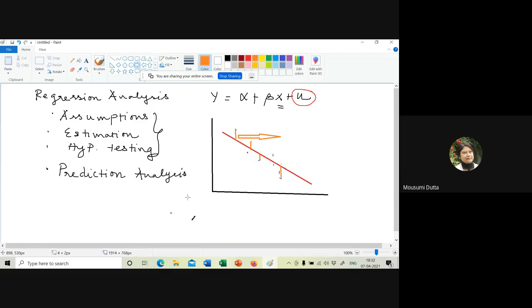These are called so once again, this is the exact functional relationship which we get from theory.